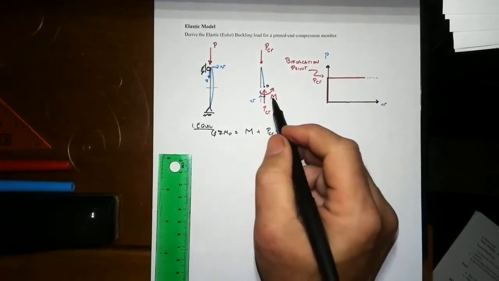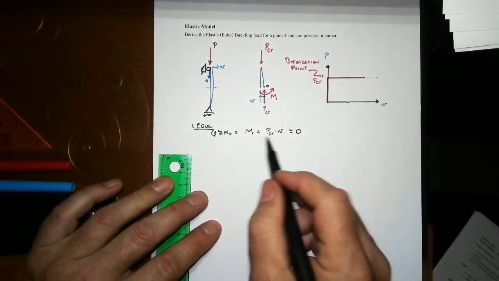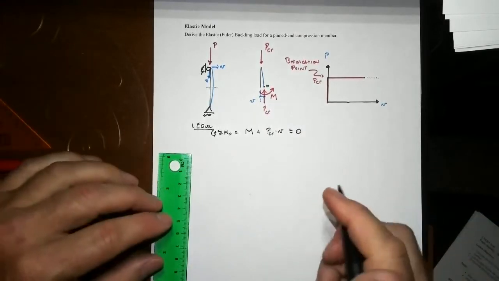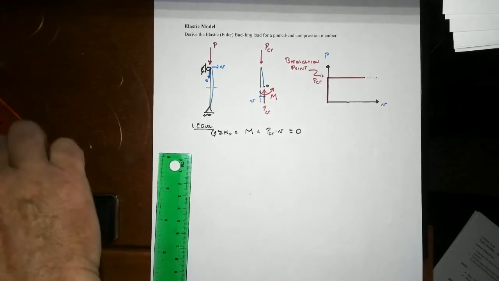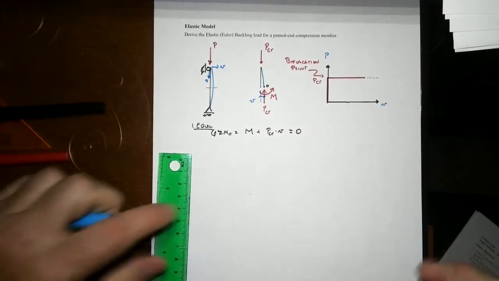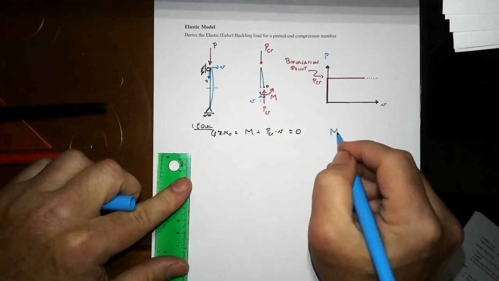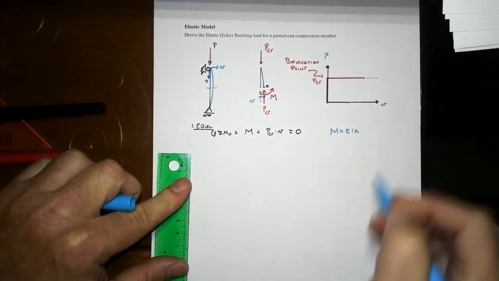Now remember, I said that this would eventually reveal that the moment has to be going in the opposite direction. Sure enough, you take the moment to the other side, there's a minus sign, it has to be going in the opposite direction. But hold on, we don't want to look at it quite that way. We want to instead connect back up to our critical expression of moment curvature, that M is equal to EI kappa.